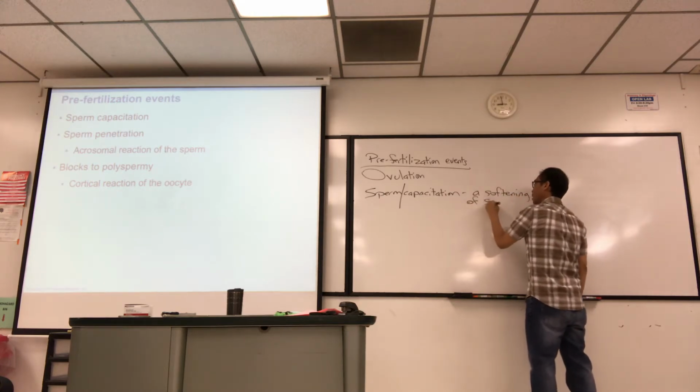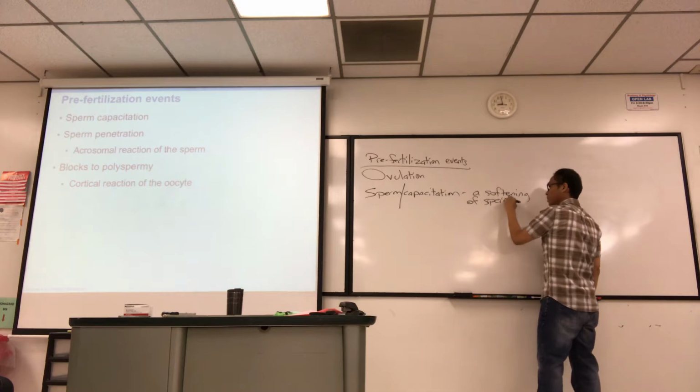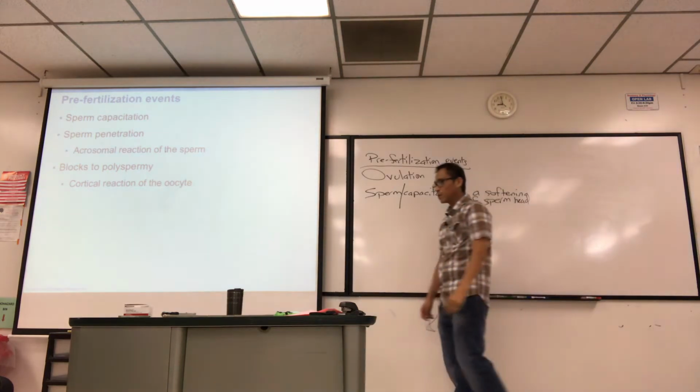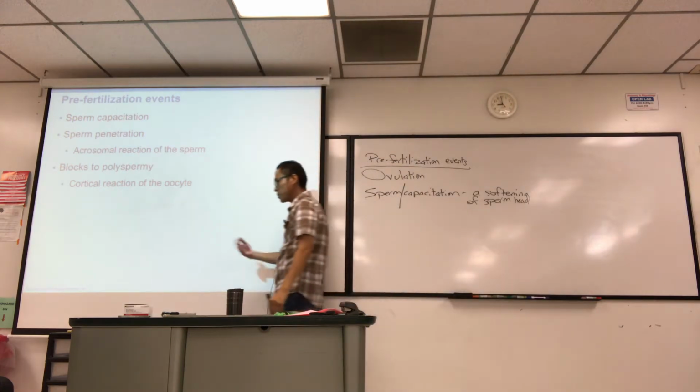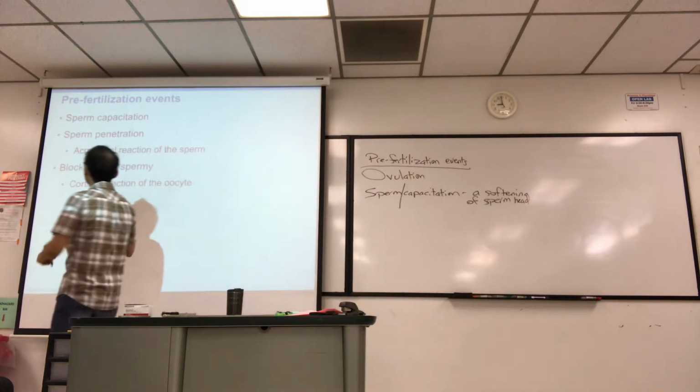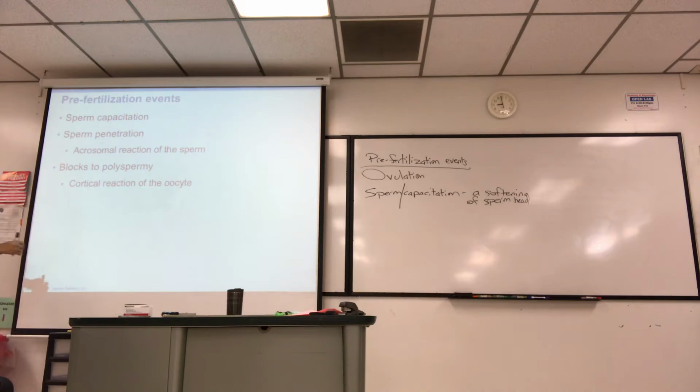I'm just writing a softening of sperm head. The goal is to spill the lytic enzymes close to the egg so you can breach the barriers that surround the egg. Now, okay, these other terms we'll get to, but basically, that acrosomal reaction is a very important pre-fertilization event, but we'll get to it.